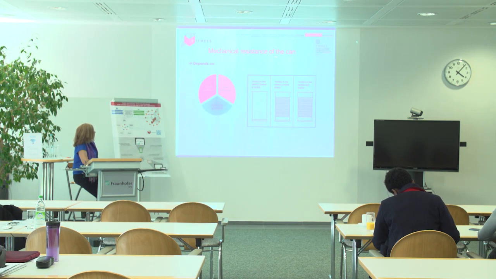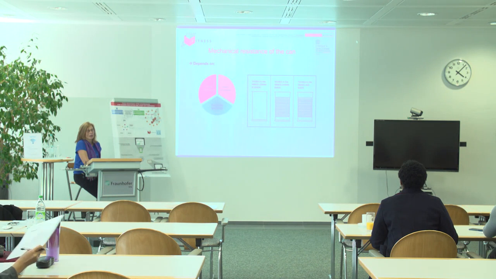The mechanical resistance of the can depends on the sheet thickness, on the sheet hardness, so intrinsic characteristics, and on the can body geometry. And here you have 3 examples of 3 cans with different characteristics and theoretically with the same mechanical resistance.